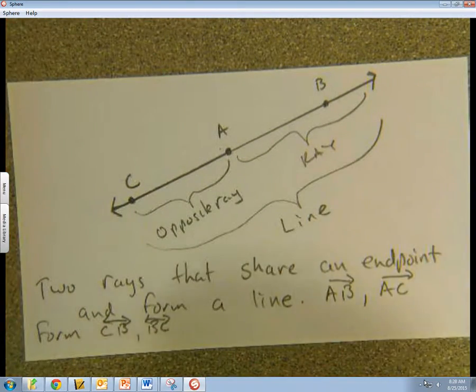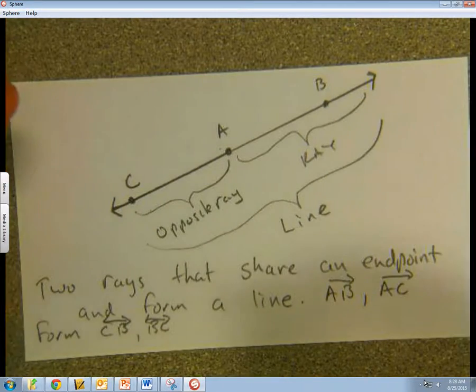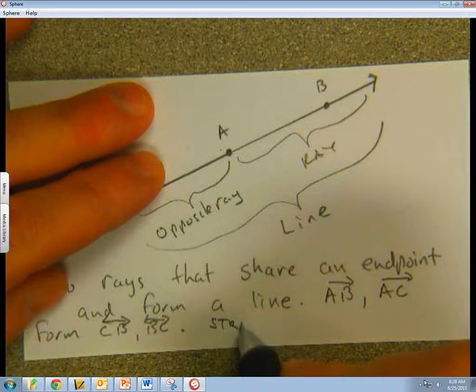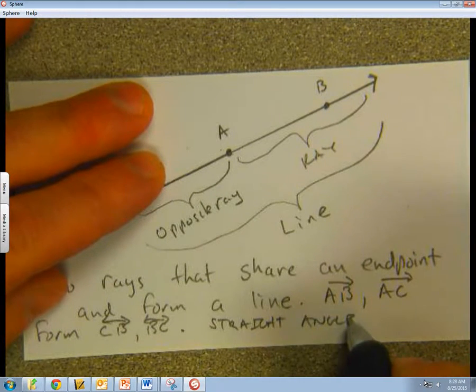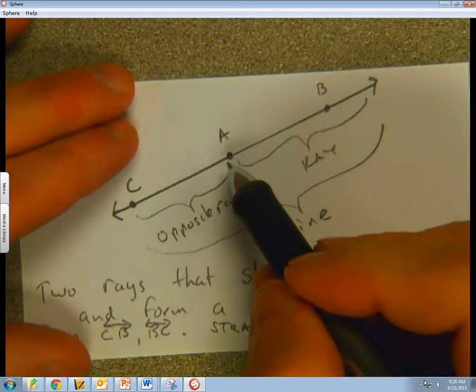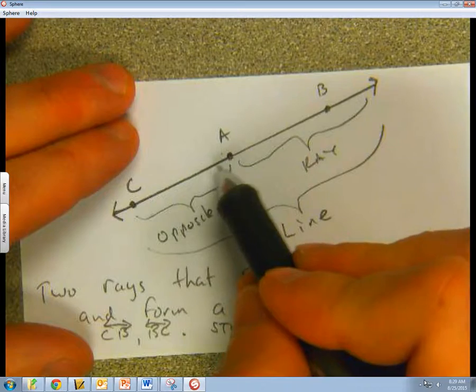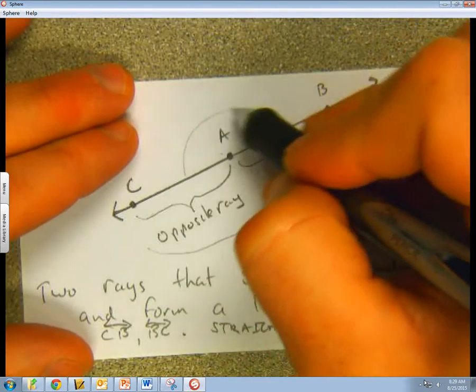So they're going to form that line, and then they also form a straight angle. So if you consider this, you know, as an angle, because there's 3 points here, right, and 2 opposite rays, here is the angle. Okay, so this is our straight angle.